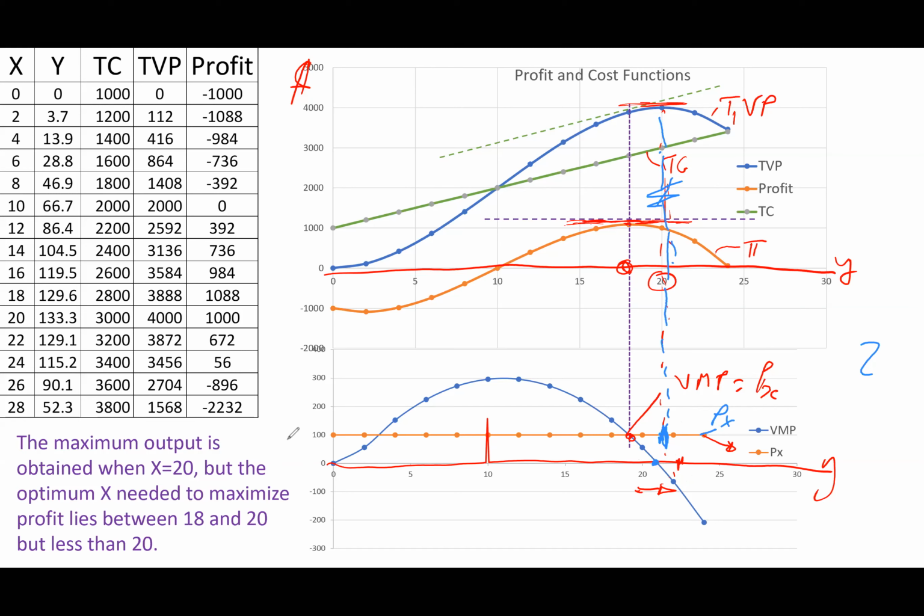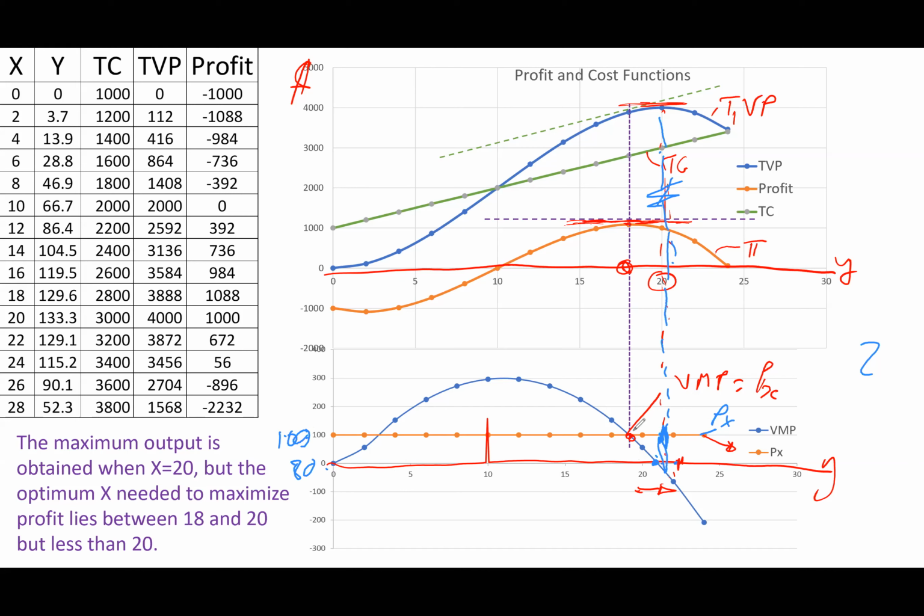And so that means that if price is, in our example, 100, at this level value marginal product is below 100, and let's say that it is 80. And obviously you don't want to be here. And so what you can see is that maximizing output results in loss.